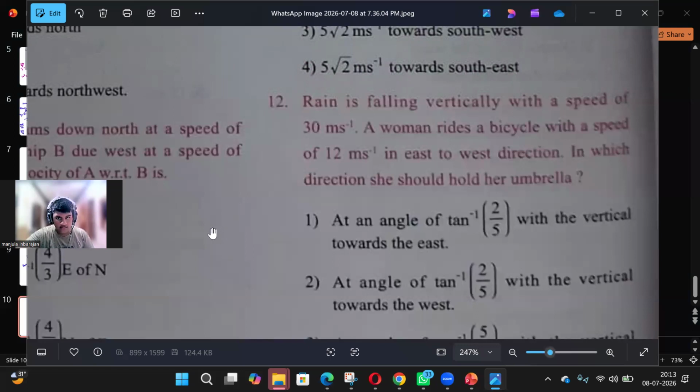Yes, I see. One way is you fix a frame, your coordinate system, with respect to whatever you're going to measure. Suppose you're saying velocity of the rain with respect to the man. Fix the frame attached to the man. Because the man is moving with a velocity of 2 meters per second, the frame also will move with the same velocity as the man. Using this, we can find the directions.